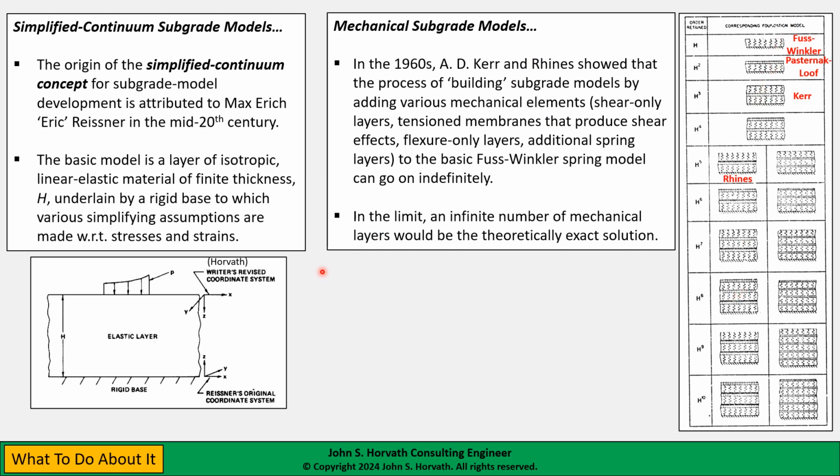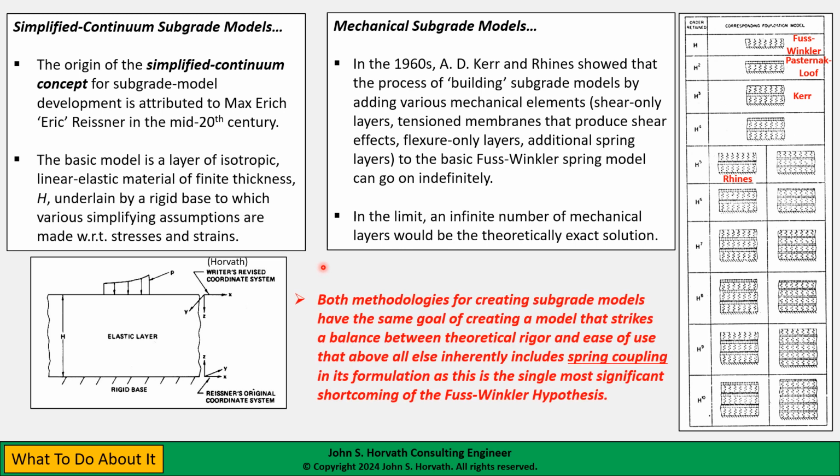But no matter how we approach the problem, the methodologies have the same end result that they're after. The goal is to come up with a subgrade model that strikes a balance between theoretical rigor and ease of use, that above all else includes inherently spring coupling.